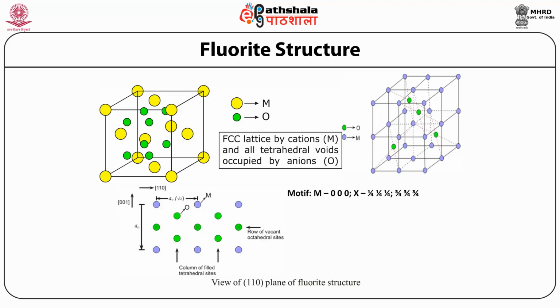On the left hand side you can see a unit cell where cations are placed at the corners as well as the faces of the unit cell, that is an FCC arrangement, and all the tetrahedral voids are occupied by anions, which are represented by the green atoms, that is O. A similar representation is shown on the right hand side, which shows the extension of this unit cell.